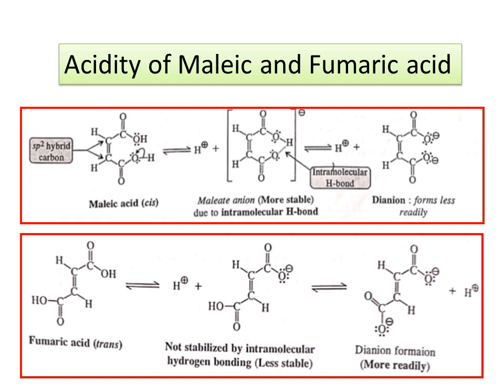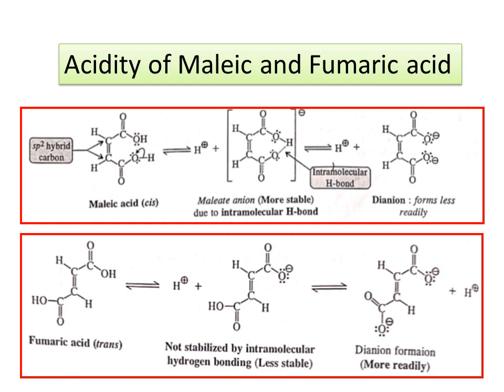Therefore, in maleic acid, the second ionization process is very slow and the Ka value for the removal of the second proton is less when comparing to fumaric acid. In fumaric acid, since the two carboxylic acid groups are trans to each other, the formation of dianion occurs in an easy manner.